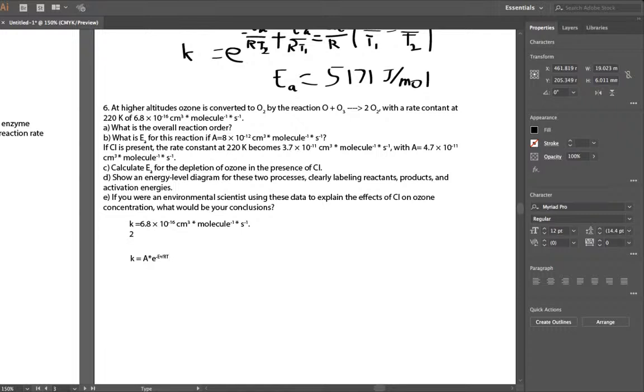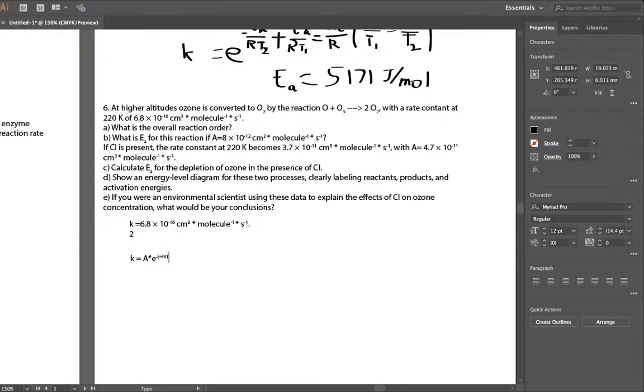Divide the thing by the A, which is 8 times 10 to the power of negative 12. And then you take the natural log of the answer, that's negative 9.3, and then you just need to multiply that by negative 1 because it's negative EA over RT.